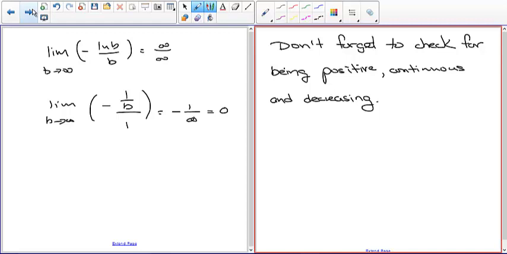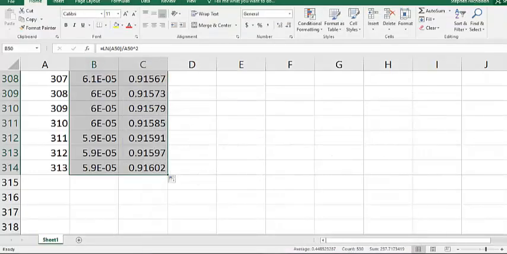Oh yeah. Don't forget to check that the function is positive, continuous, and decreasing. So we probably should plot the function just to confirm that.